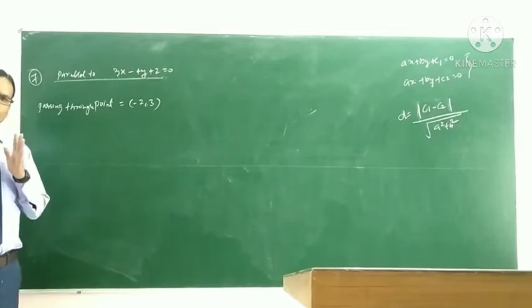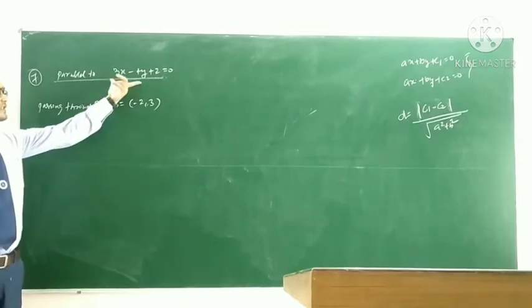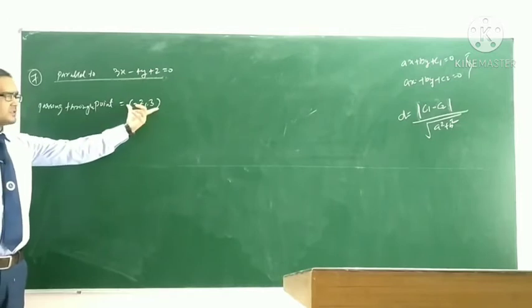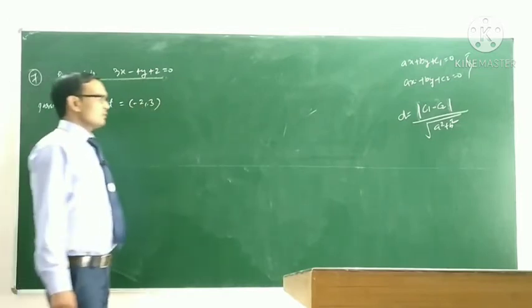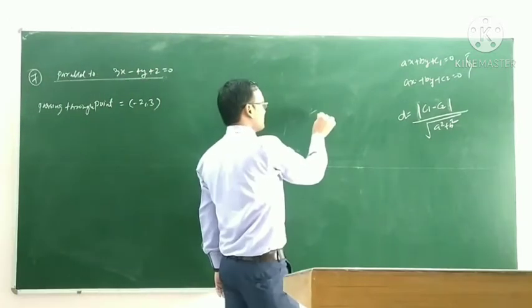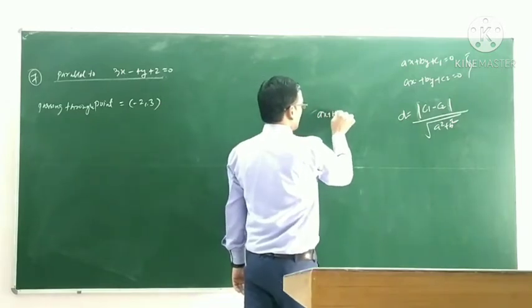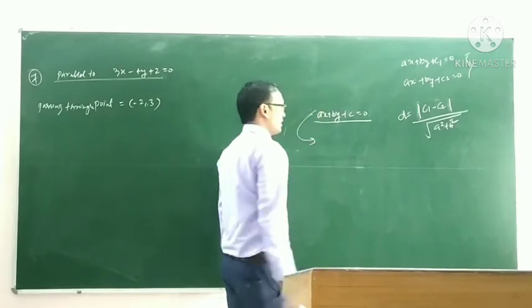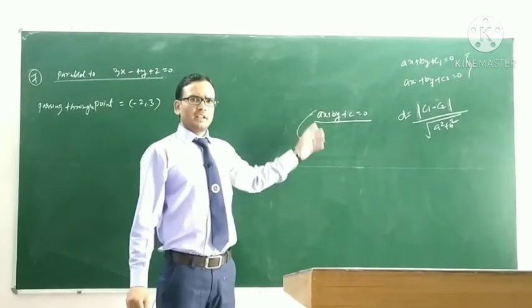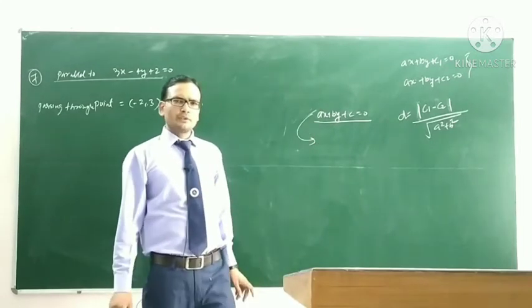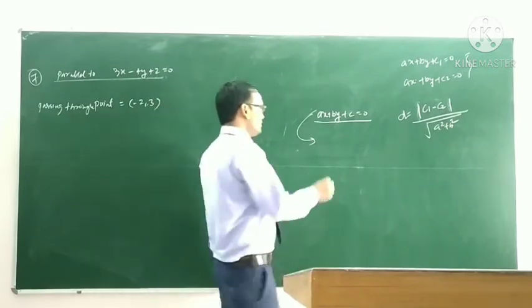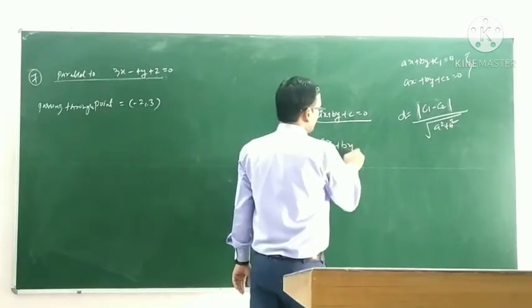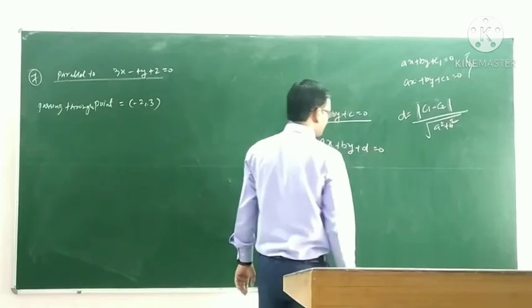We find the equation of the line parallel to this line and passing through this point. Okay students, we have already discussed in a previous lecture that the line parallel to ax plus by plus c equal to 0 is ax plus by plus d equal to 0.